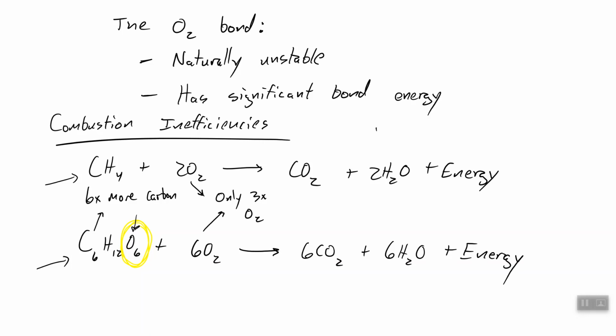Remember what we talked about, how oxygen contributes energy as well. Because some oxygen is already inside of our fuel, you don't need as much oxygen for your reaction. What this means is that the amount of energy released is less per unit mass of fuel.